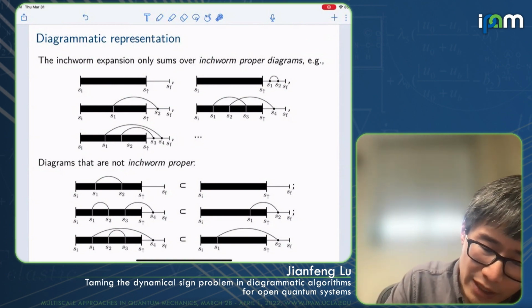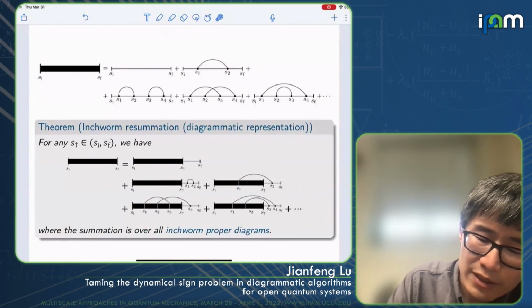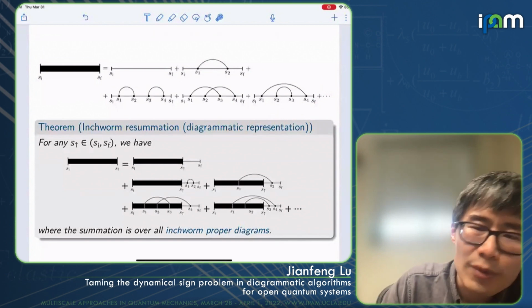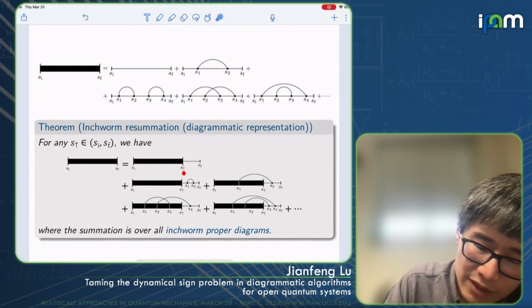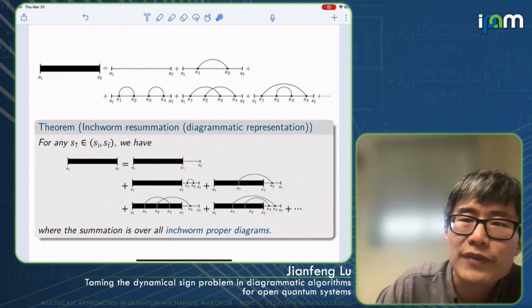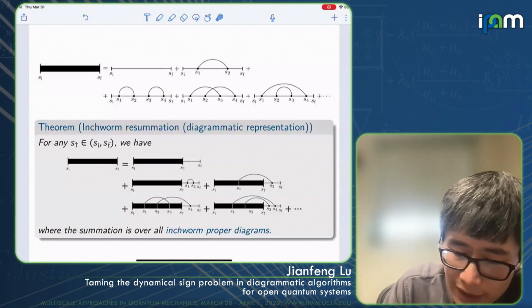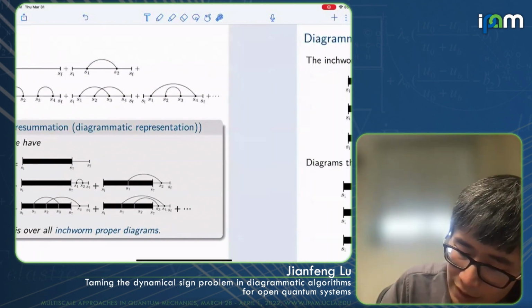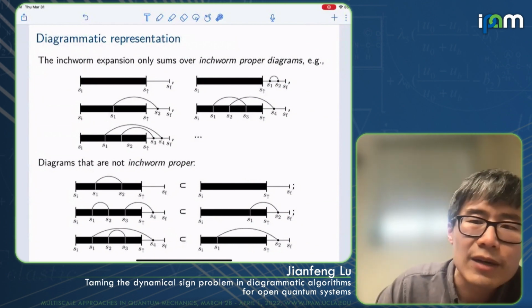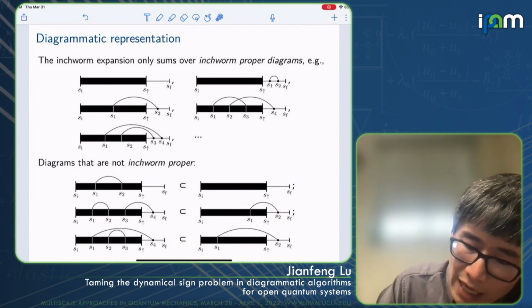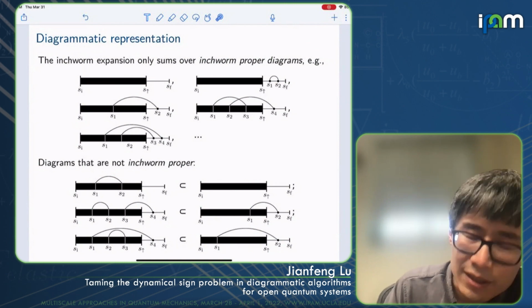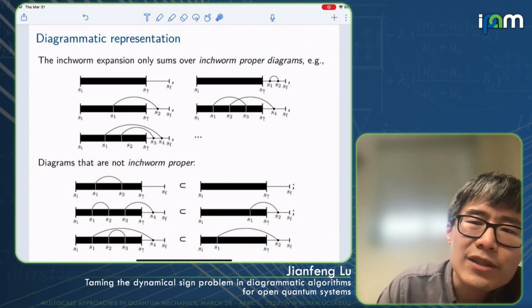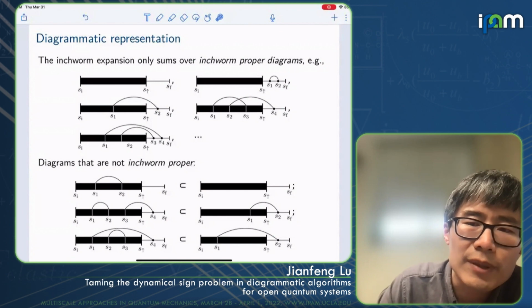You start with a thin-line diagram, and you replace these thin lines with bold lines up to certain points. This is from the point that, let's say, we have already finished the computation and obtained the bold-line diagrams. Now you start to link together, by the influence function from the path, and naively you just do all these diagrams. But in principle, the bold line has already taken into consideration all the influence from the path.